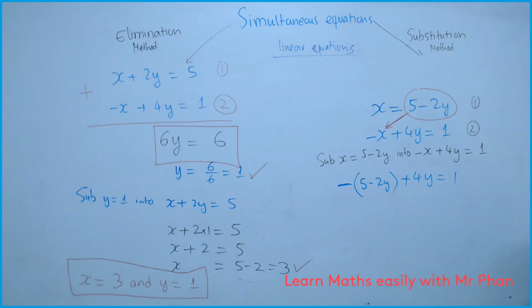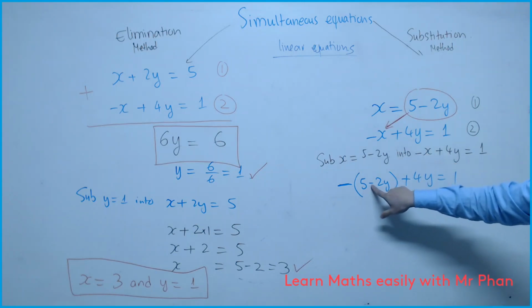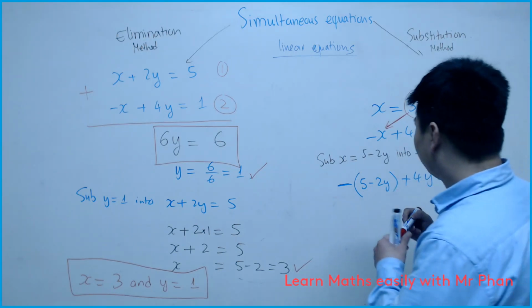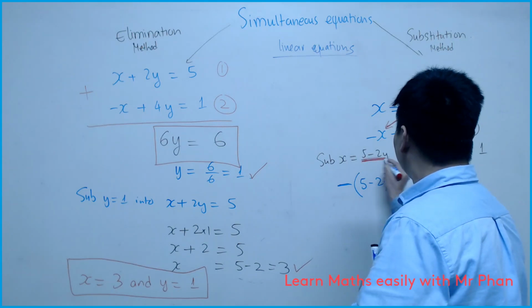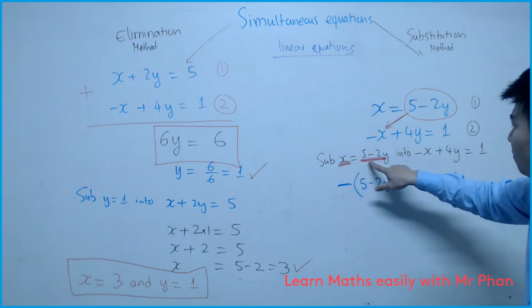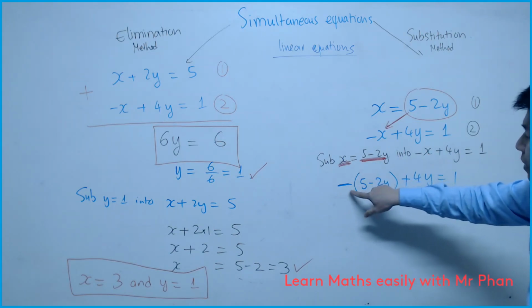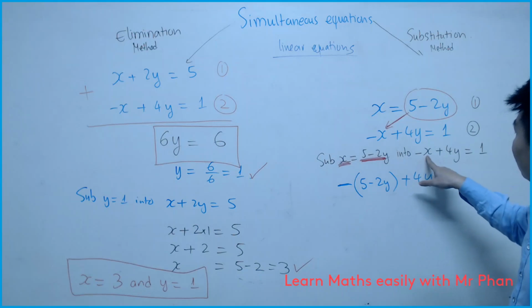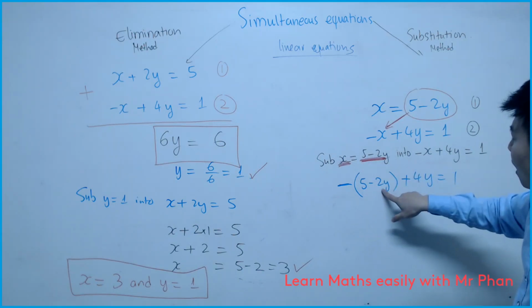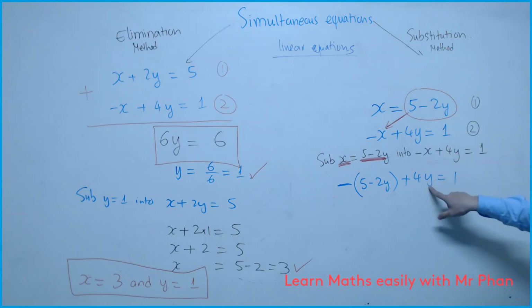You calculate here. So x now becomes 5 minus 2y. I put a minus, and make sure you put a bracket. So for x, put 5 minus 2y. The plus, you put a plus here. The 4y, you write 4y equals 1.